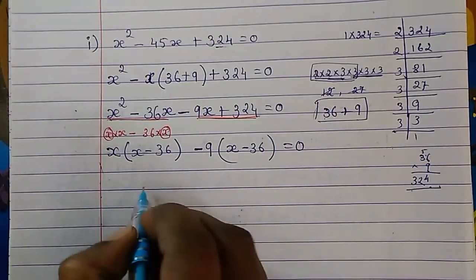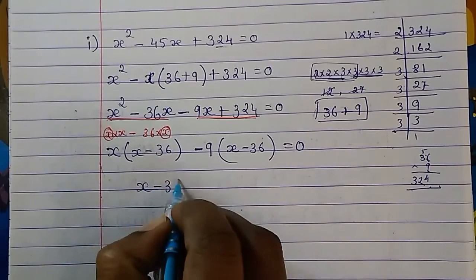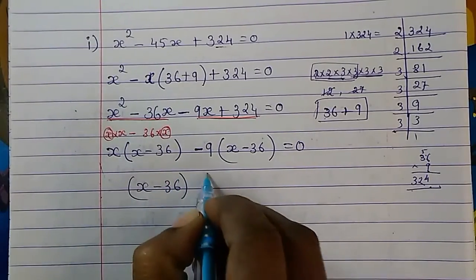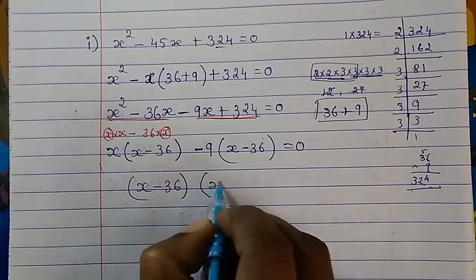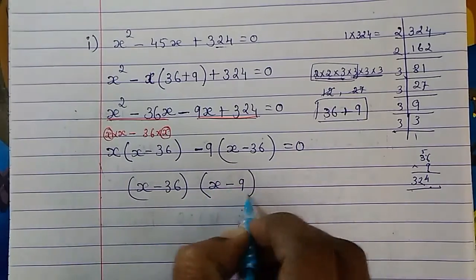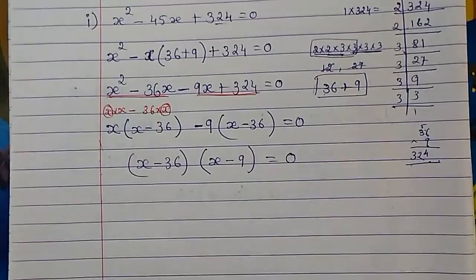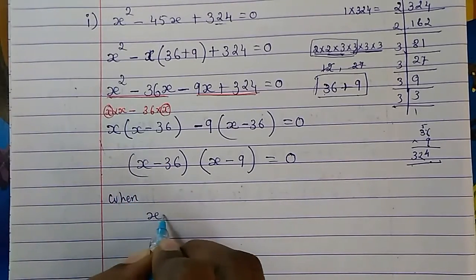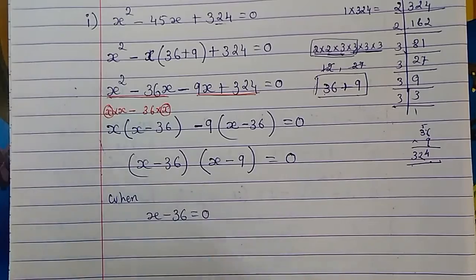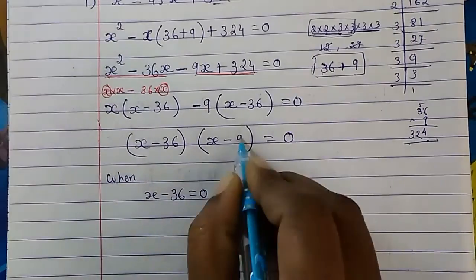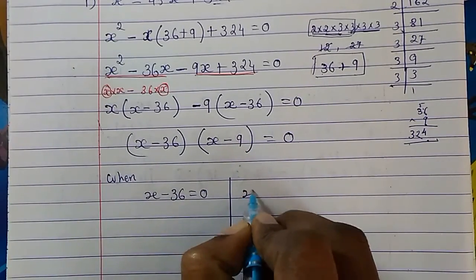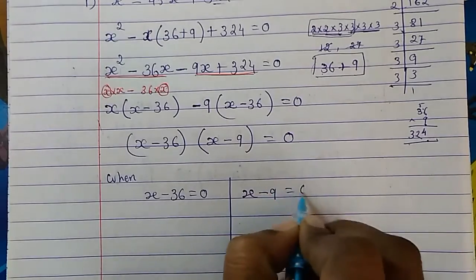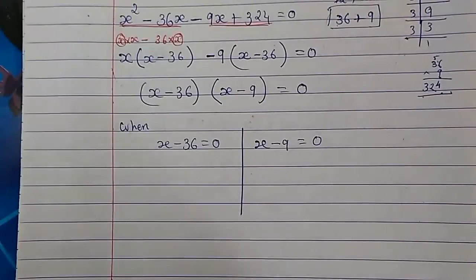So now what is in bracket, that is common, so we'll write down only once. Now what is outside, that we'll write down in another bracket. Now x minus 36 equal to 0, and on this side we will write x minus 9 equal to 0, because we have to find out the x value.